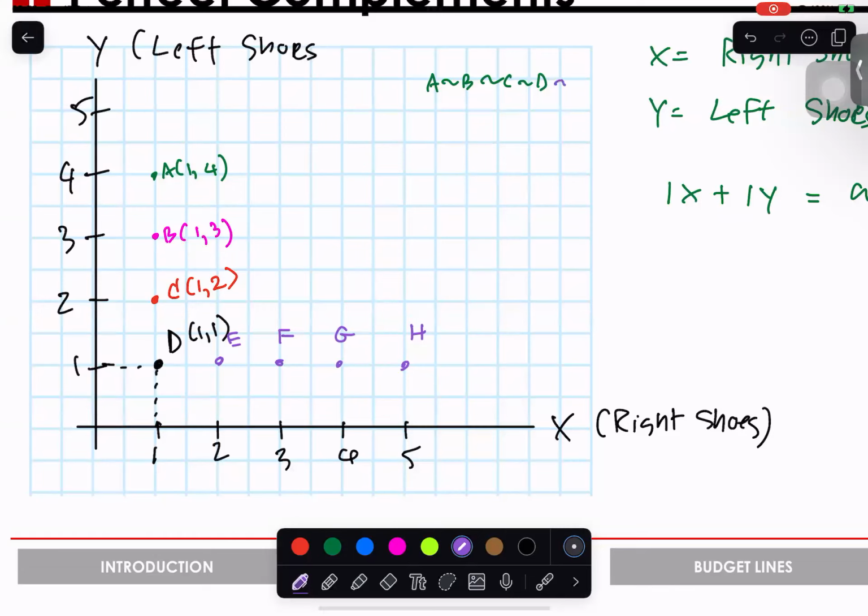When we confirm this, now you are ready to write down the shape of the indifference curve.